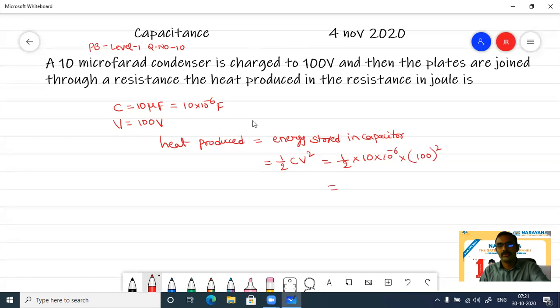So this will become 1 by 2 into 10 to the power of minus 1. So this is 0.5 into 10 to the power of minus 1, which is 5 into 10 to the power of minus 2 joules. So here the heat is nothing but the energy, or the work done.